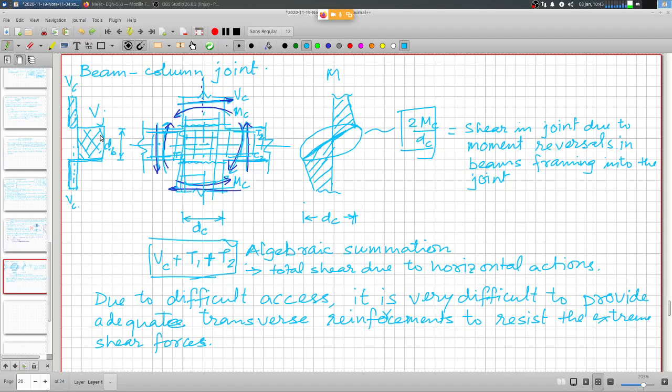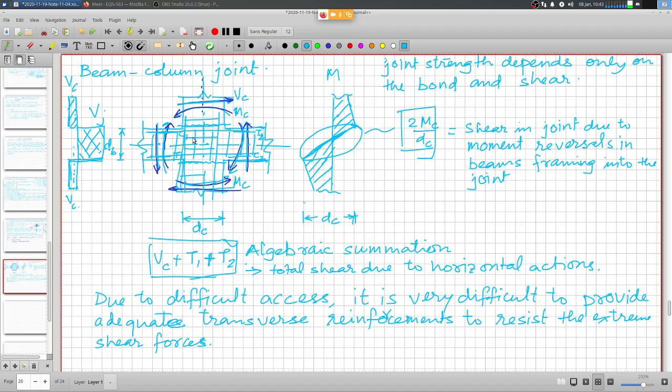First thing, everything that you have here in this beam column junction, the joint strength depends only on the bond and shear, because there is no flexural deformation here.